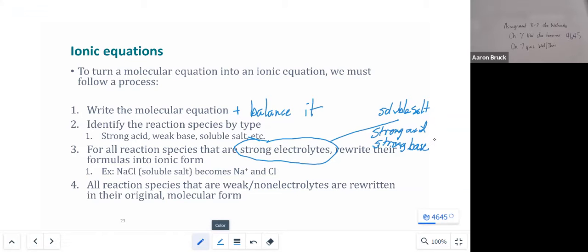If it fits into any of those three categories, it's a strong electrolyte, it's going to split up into ions.